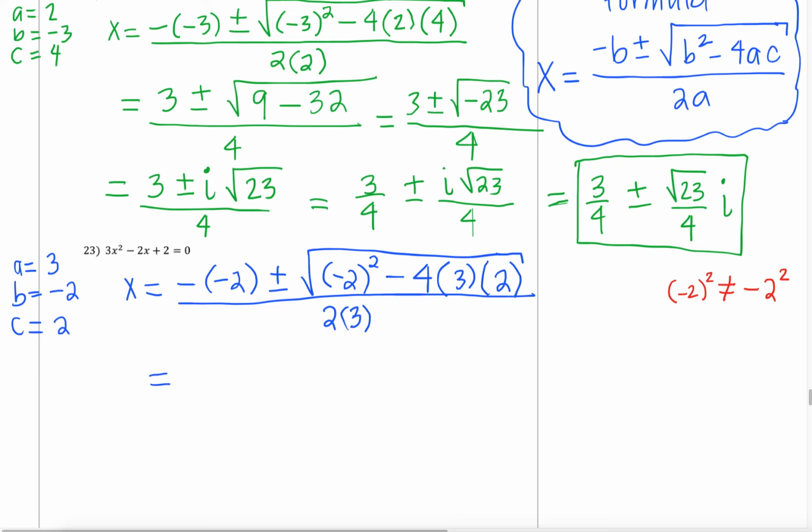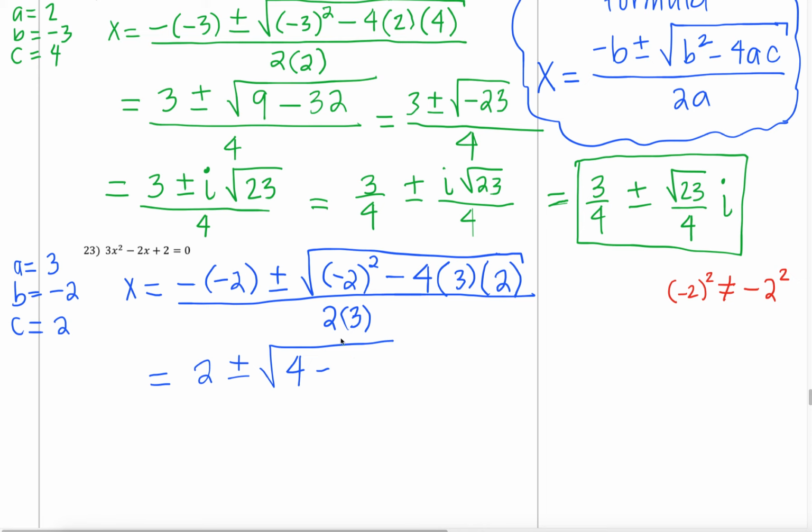So to check our next step, the double negative makes that a positive 2. We get plus or minus the square root. Negative 2 squared is positive 4. 4 times 3 times 2 is going to give us a 24, so we get minus 24.